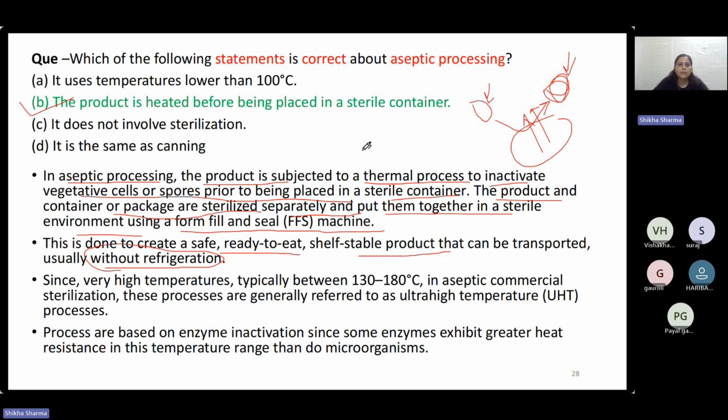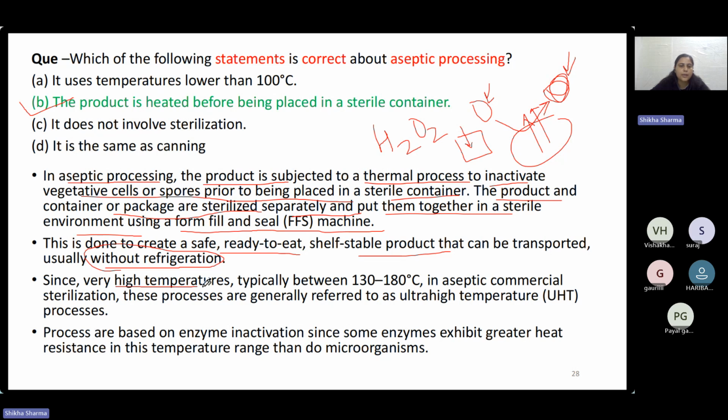The milk will first be pasteurized or sterilized, or treated under UHT processing, and then the container, the Tetra Pak, will also be sterilized, sometimes using H2O2, hydrogen peroxide spraying or something like that, and then the milk will be put into the Tetra Paks in the sterilized environment.